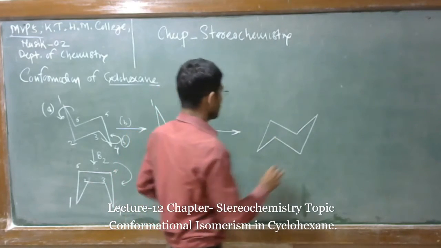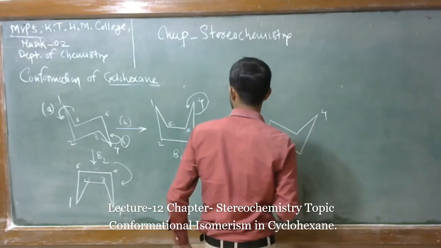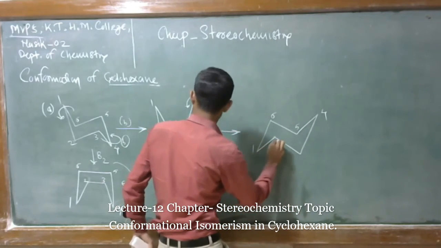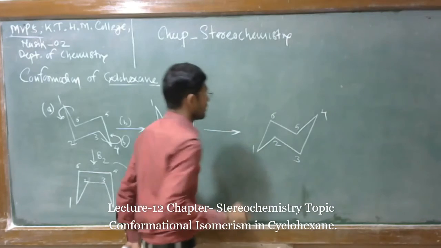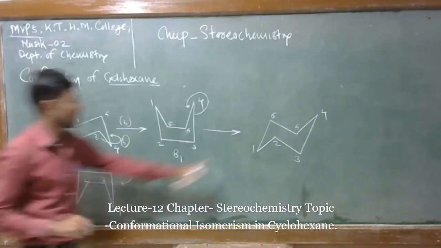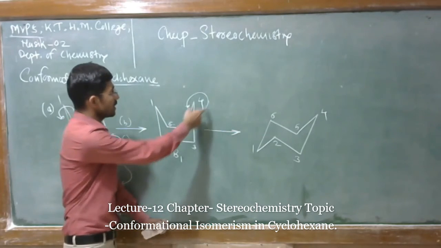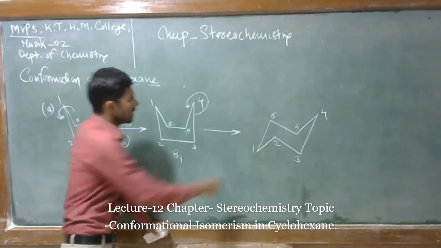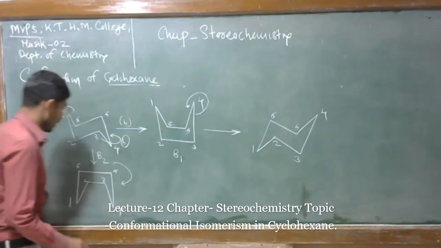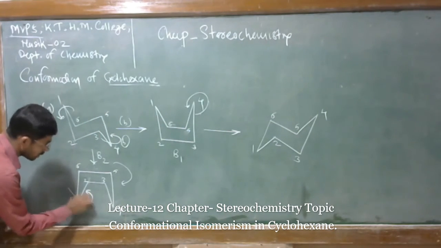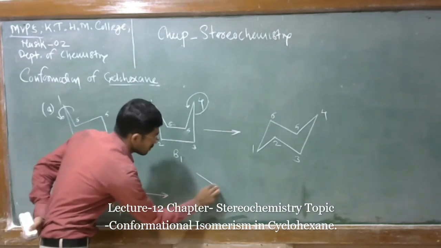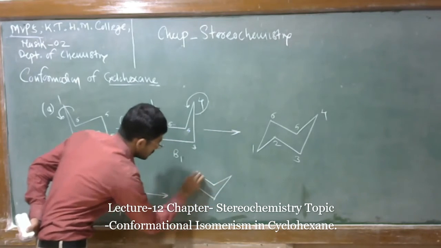This boat form again we can convert into the chair form by rotating along this bond. After rotation, carbon 4 comes to this position, then 5, 6, 1, 2 and 3 like this, and we get the chair conformation.